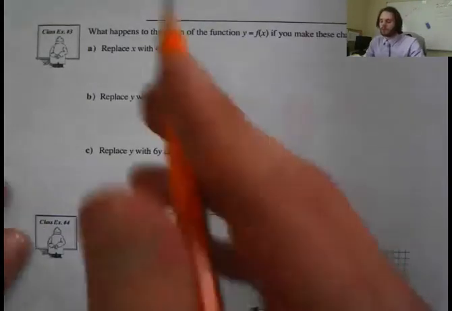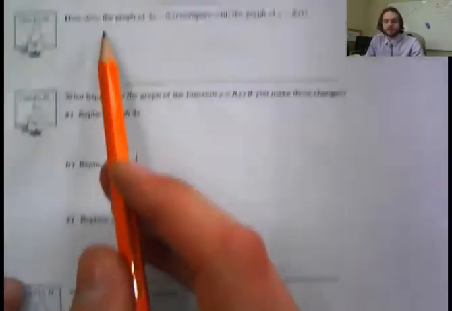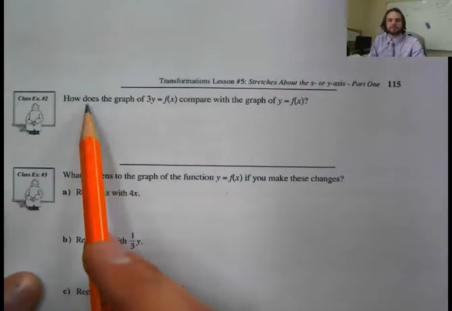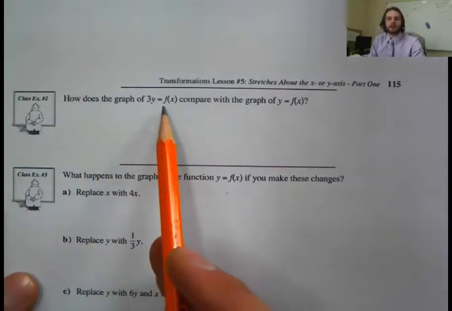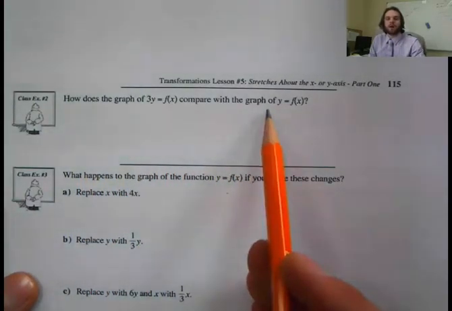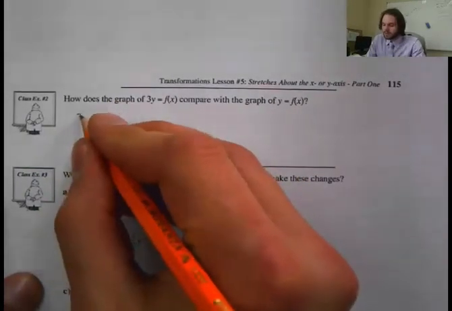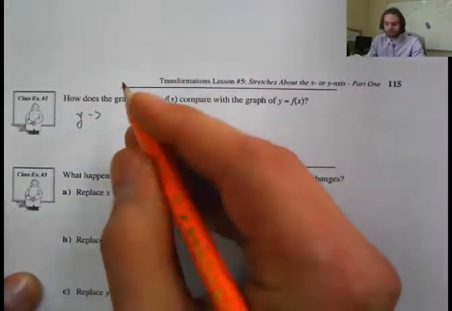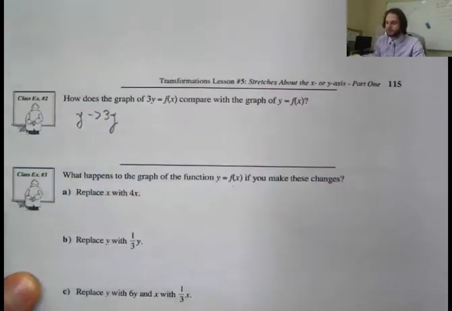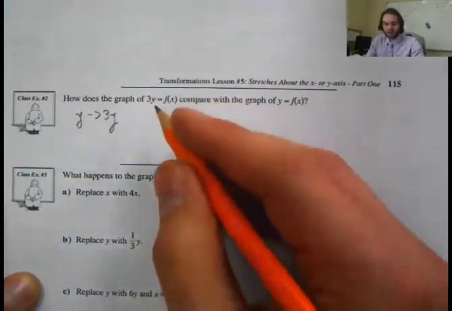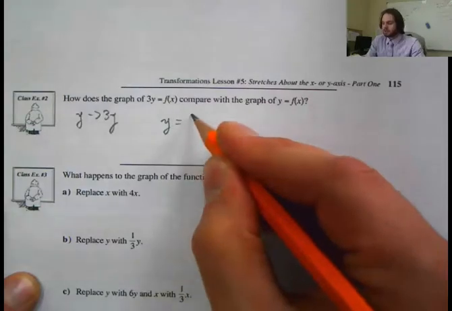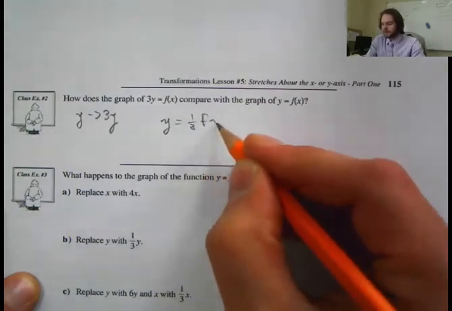Number 2 says, how does the graph 3y is equal to f of x compare with the graph y is equal to f of x? Well, in this, y went to 3y. So basically we have y is equal to 1 over 3 f of x.